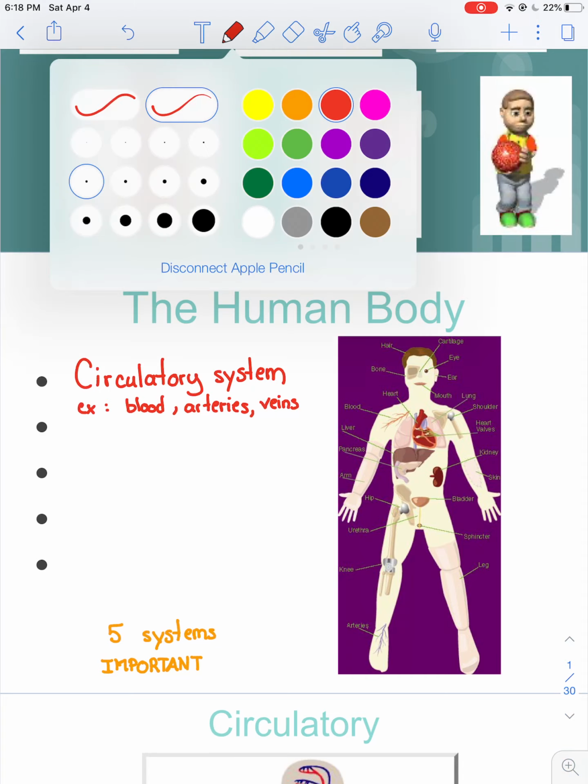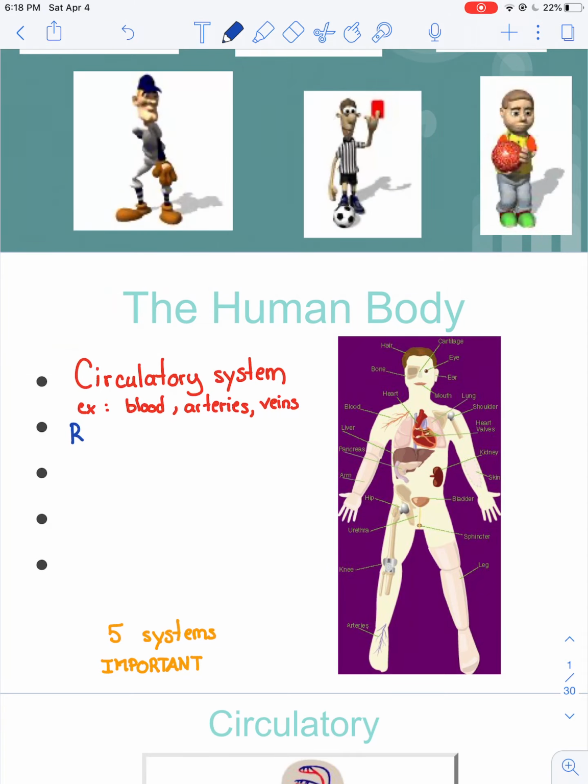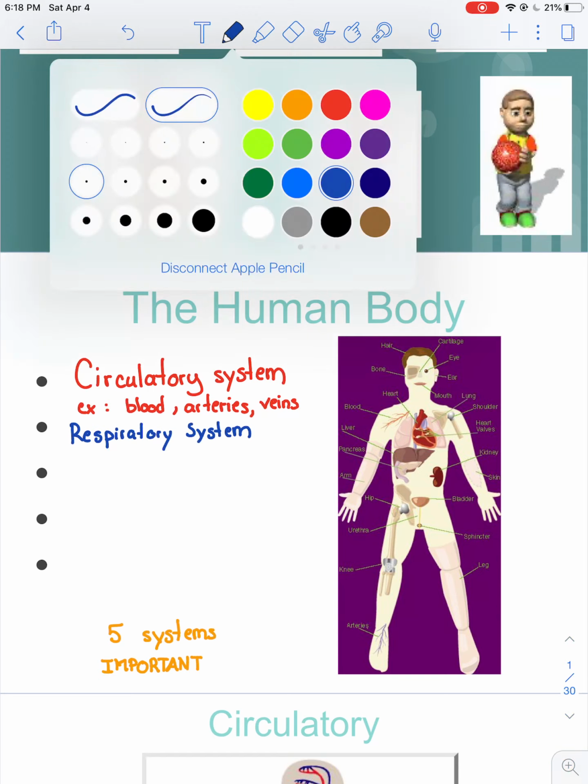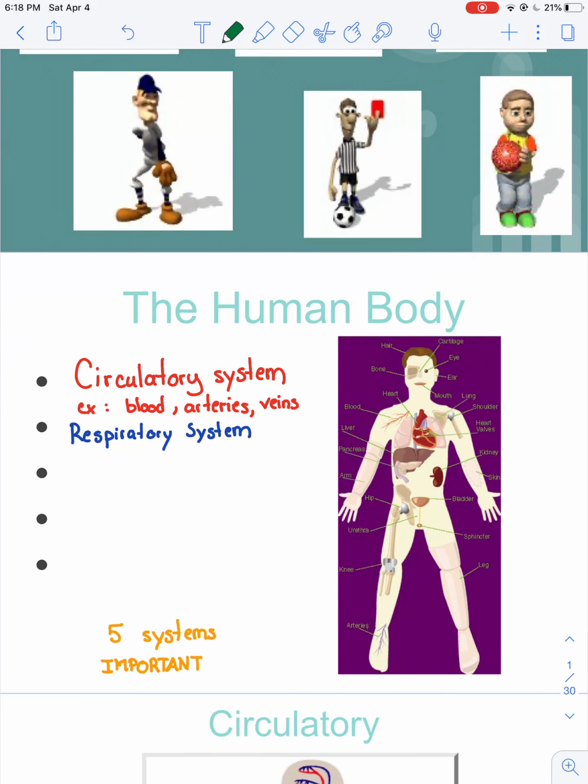Then we have the respiratory system. Le système respiratoire. After the respiratory system, the digestive system. Le système digestif.